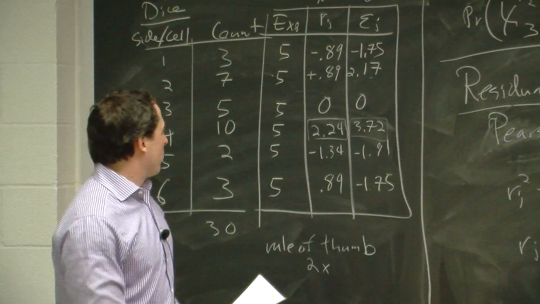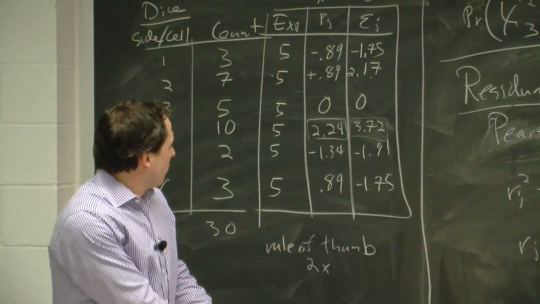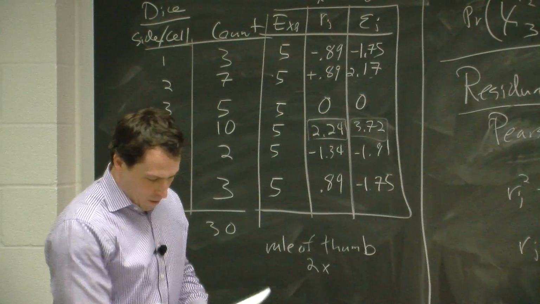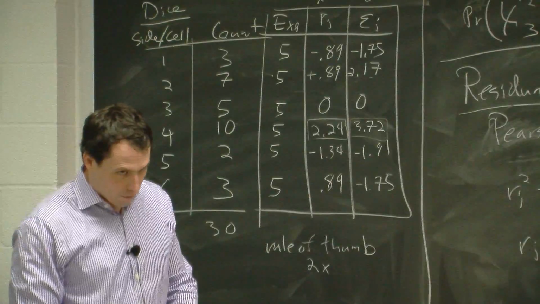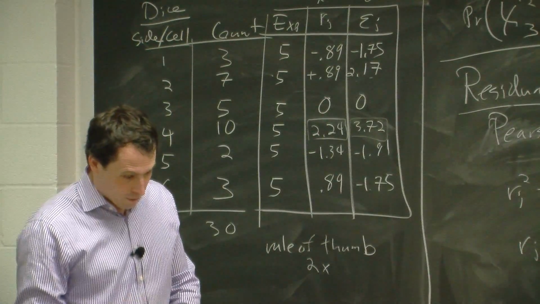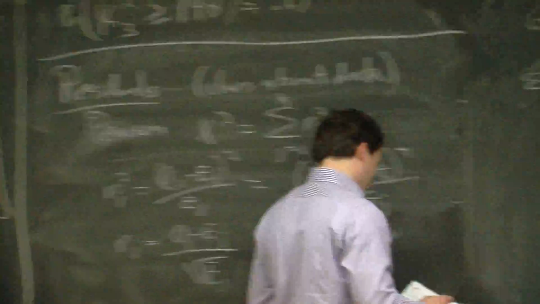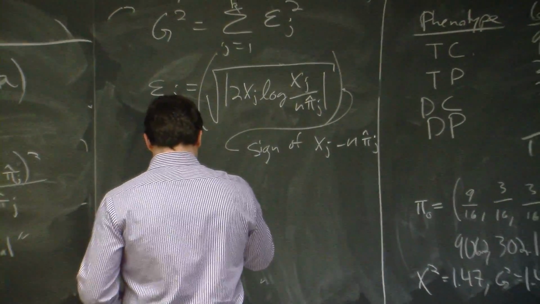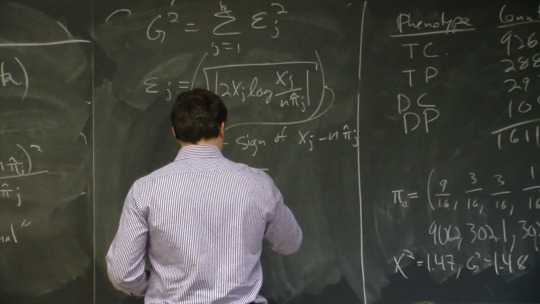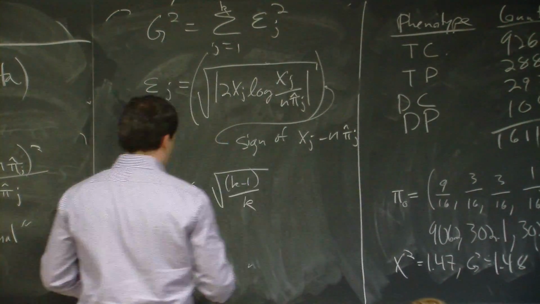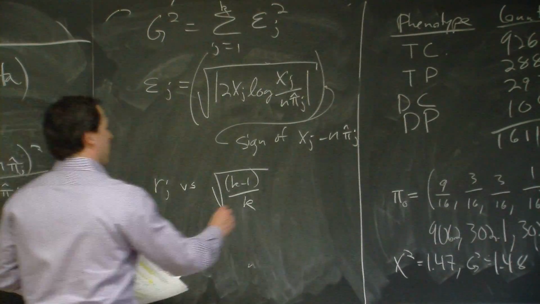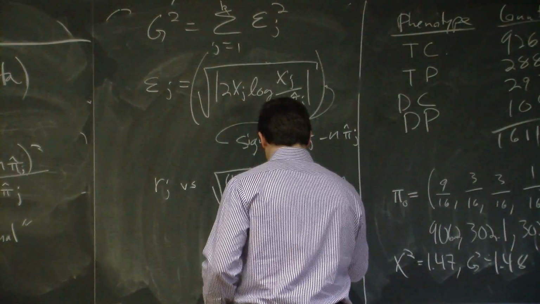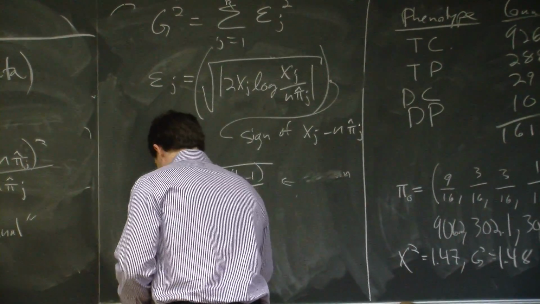Yeah, so let me think about this for a second. I think the note says k minus 1. Yeah, that's better. The notes are saying R_j versus the square root of (k minus 1) over k. Is it twice that number? Because this is equal to the mean, the expected deviation.